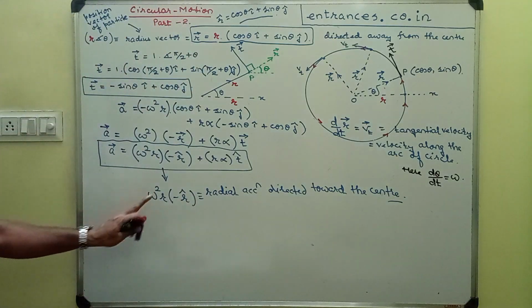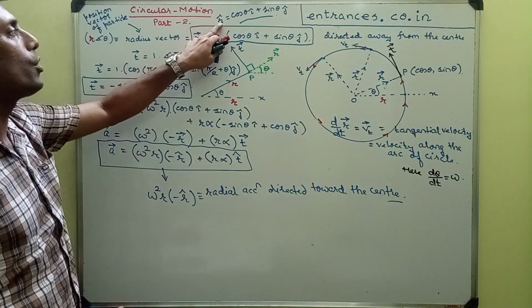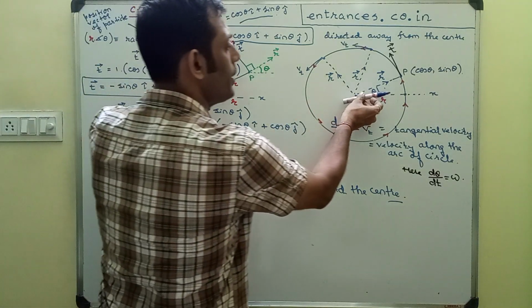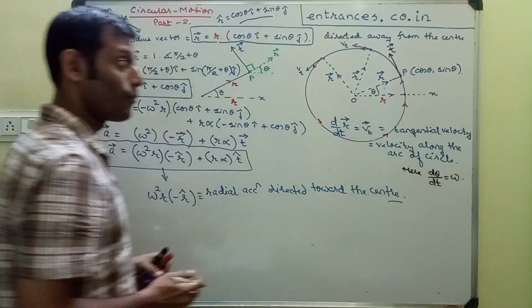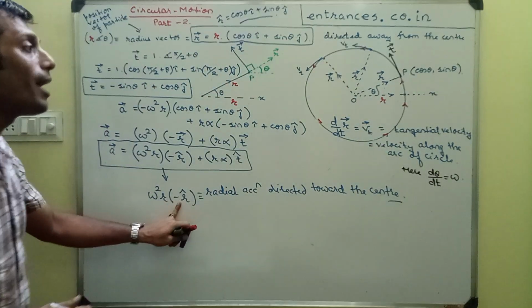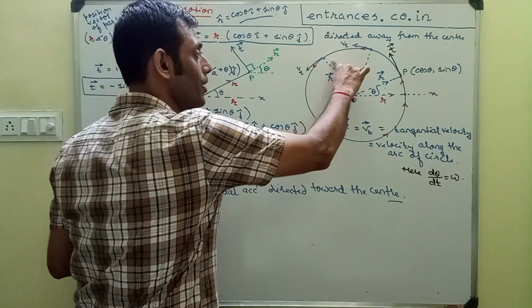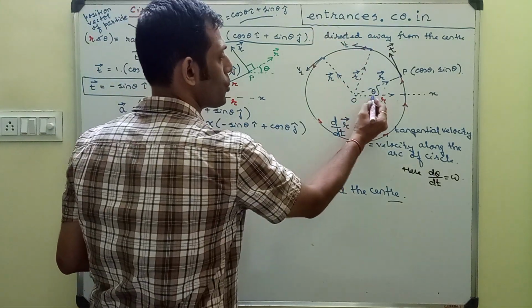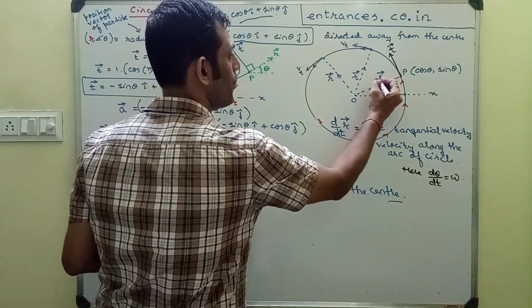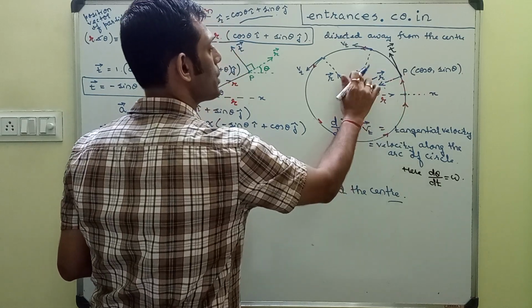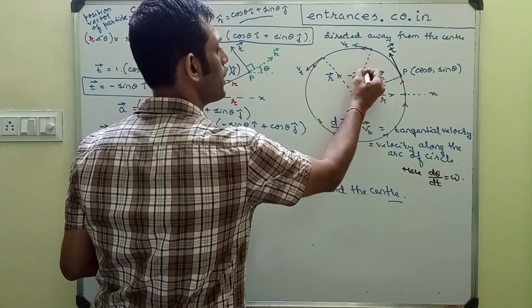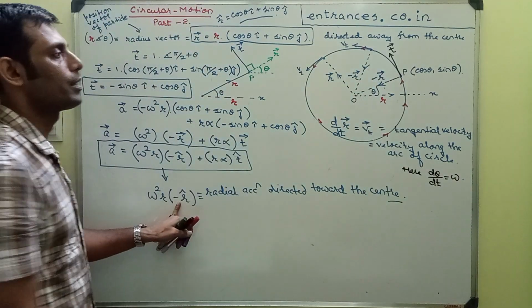Now, say this. Alone r cap, only r cap was directed outwards, away from the center. So, obviously, minus r cap would be directed towards the center.